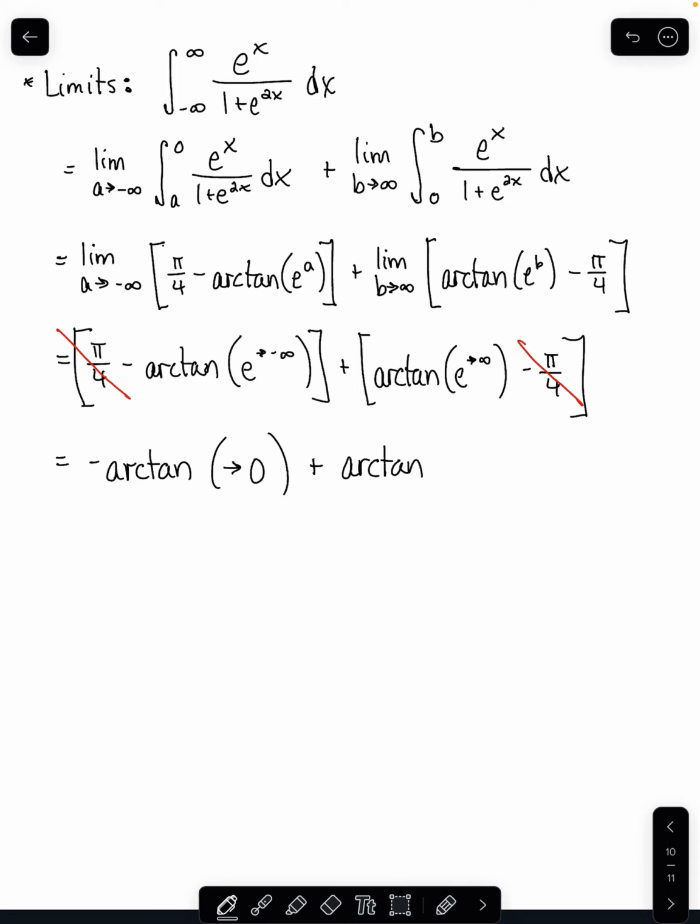In the second term here, as e is raised to a larger and larger power, this should approach infinity. The arctangent of something that approaches 0 will also approach 0.